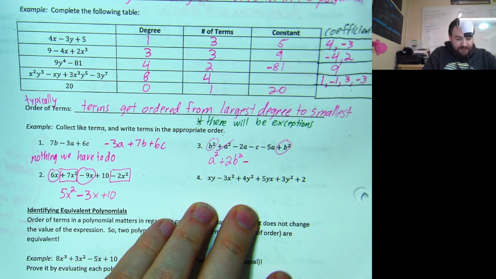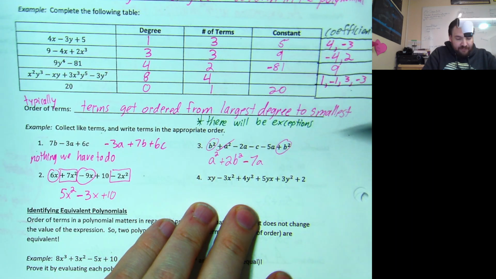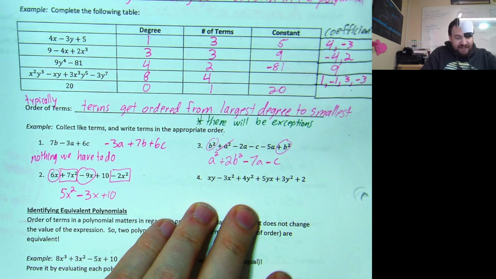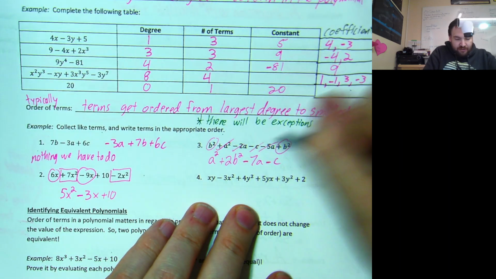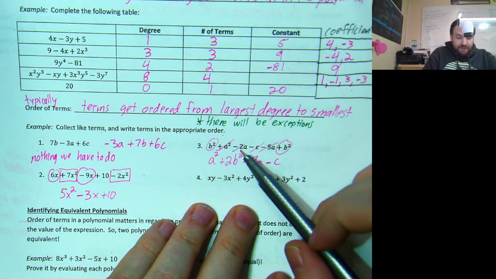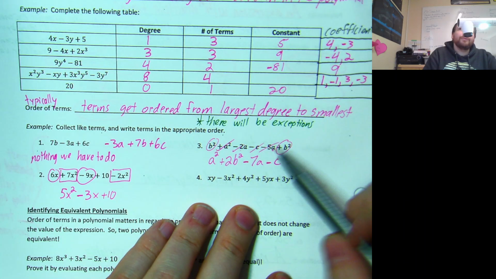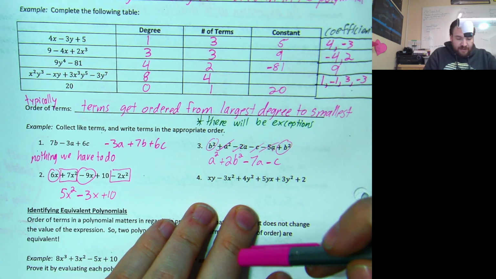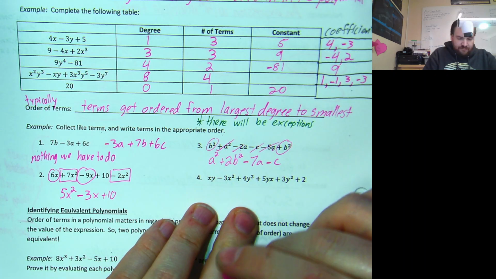Minus 7a minus c. Cool. Questions about anything that happened there? It's -2 and -5. So no. That was correct.